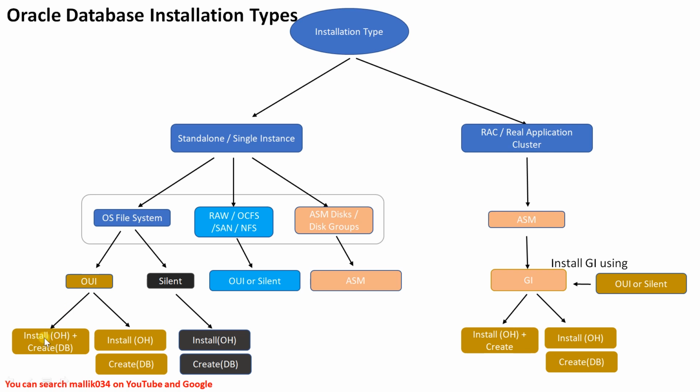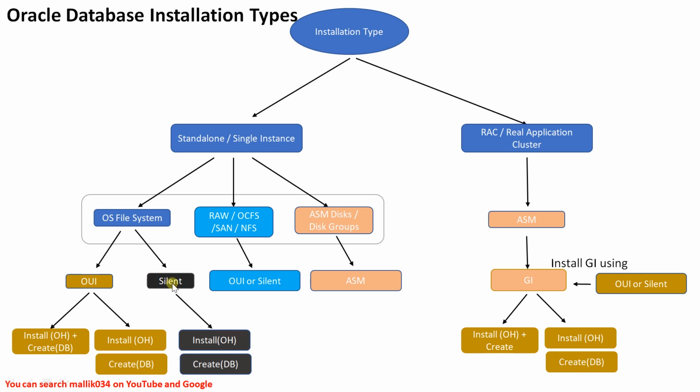One, install Oracle Home plus database together in one shot, or you can install your Oracle Home using runInstaller, and then after installing your Oracle Home you can launch DBCA, right? Database Configuration Assistant, DBCA. That will create your database. So this option is also possible.